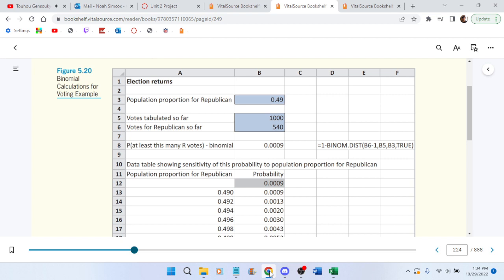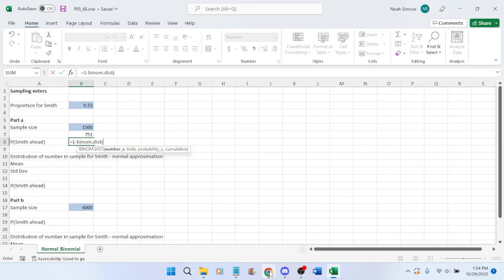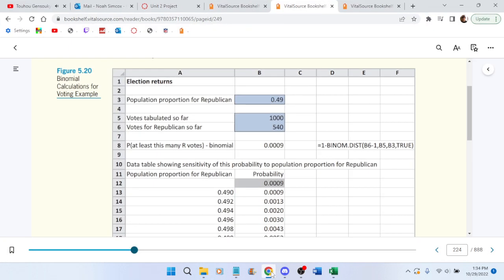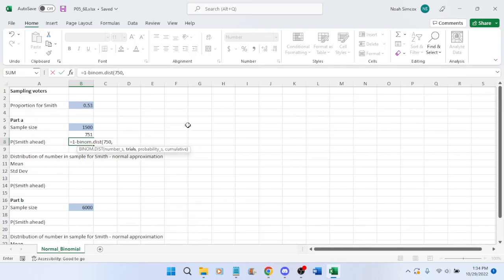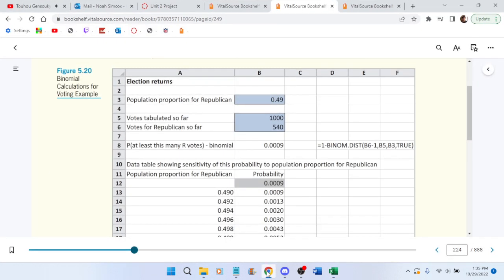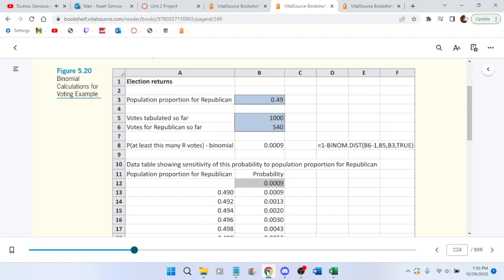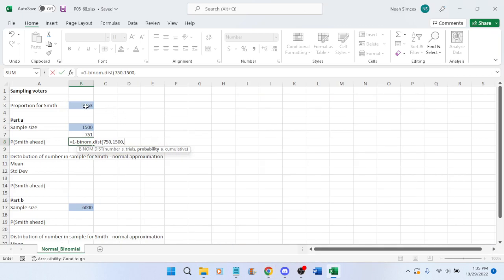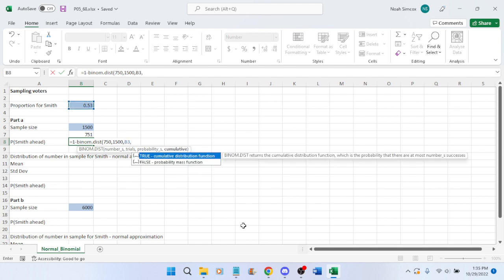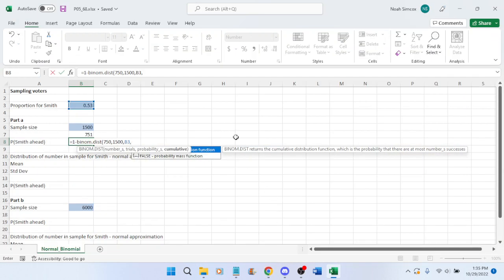So we're just going to do 750, comma, and then trials, which is 1500. And B3 probability. So my probability is this, comma, true.